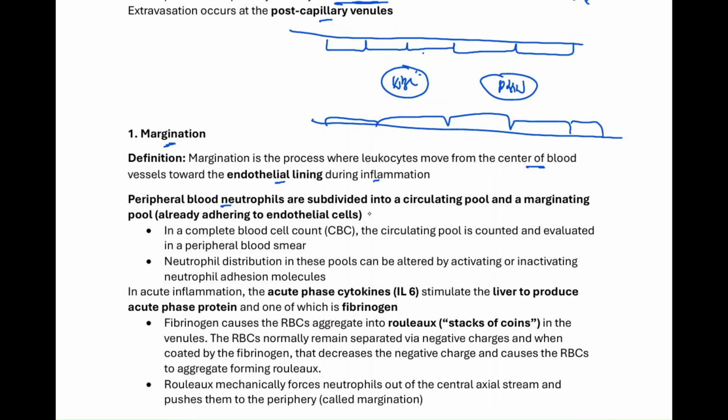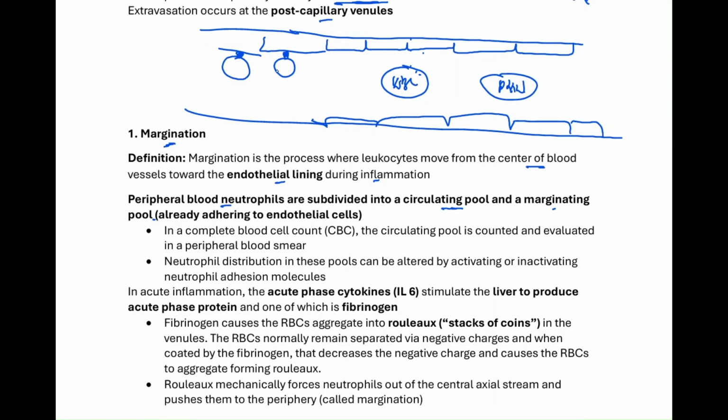We have the circulating neutrophils, which are circulating and not bound to any adhesion molecule. And then we also have what we call the marginating pool. Those neutrophils are attached to the adhesion molecule.